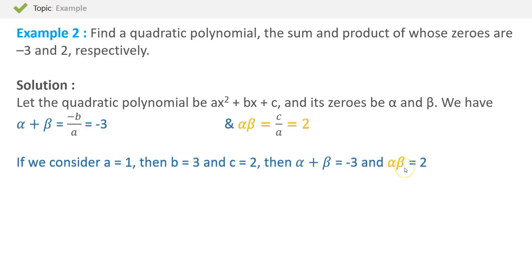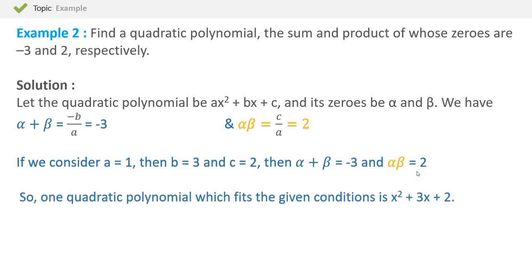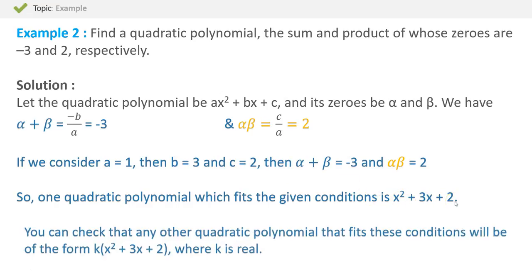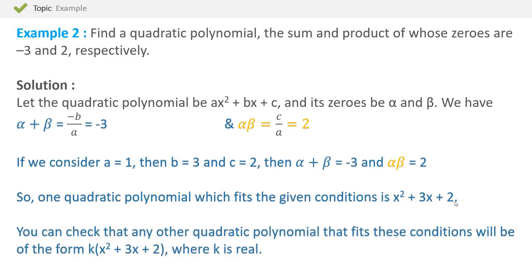And alpha into beta, which is c divided by 1, will give you 2. So, one quadratic polynomial which fits the given condition is definitely a equal to 1, b equal to 3, and c equal to 2, which gives you x square plus 3x plus 2. And we can find n number of such polynomials by multiplying it by a constant value k, where k is a real number.